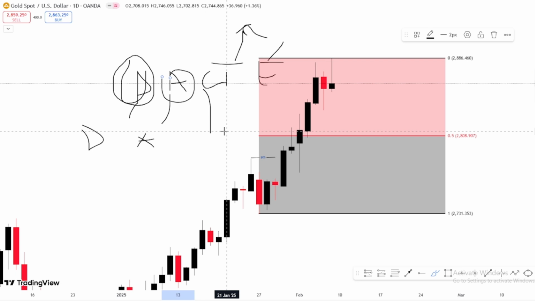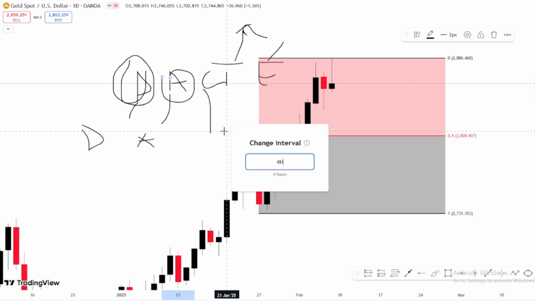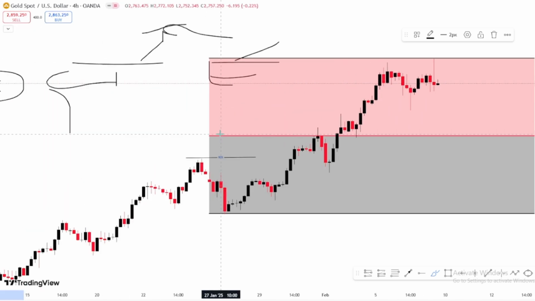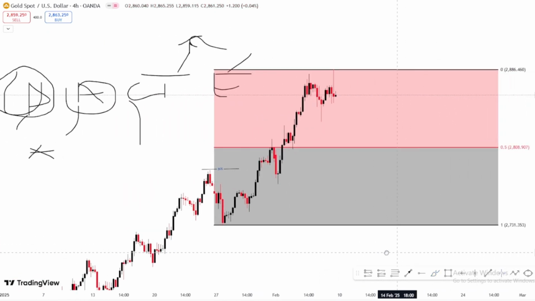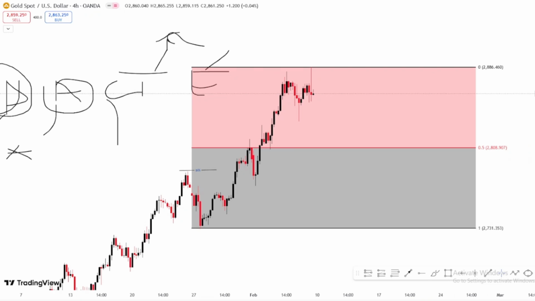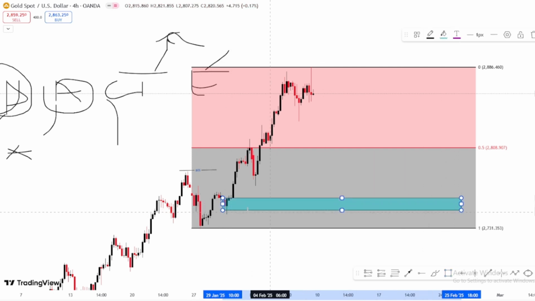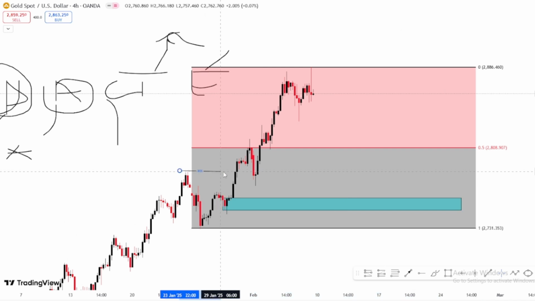So we need to go down to the smaller time frame and find our area of value in this trend. Our area of value can be the immediate order block, the immediate fair value gap, or breaker block or whatever. Looking at this one, this was the area where price started the massive push from, the current low or the current OB that led to the breakout structure at that place.